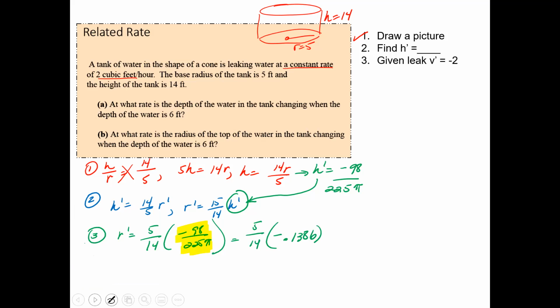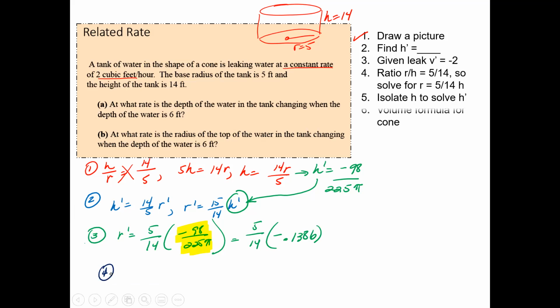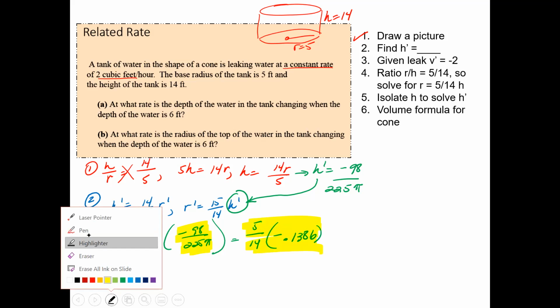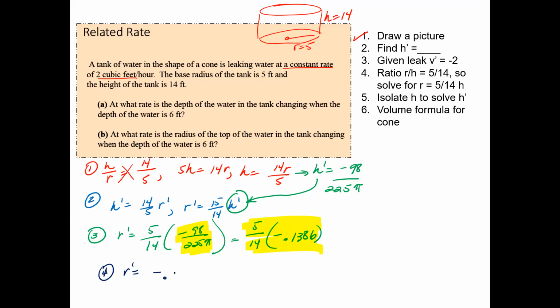And then from there, my last part here is that R prime is going to equal, and I want to go ahead and multiply this out, so you take your calculators and just multiply it out. R prime is going to equal negative 0.04951.